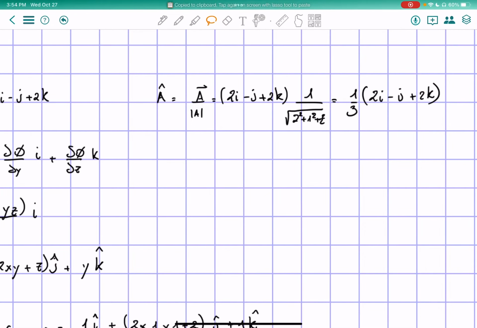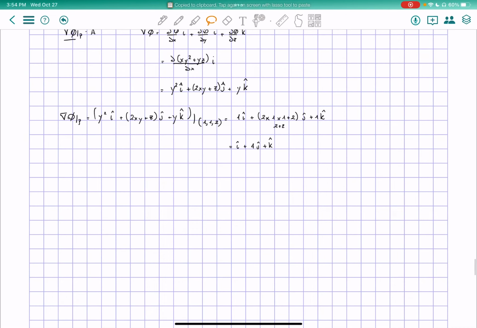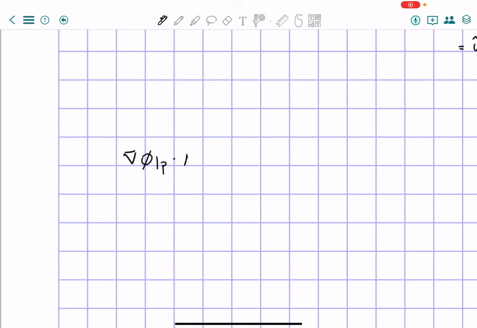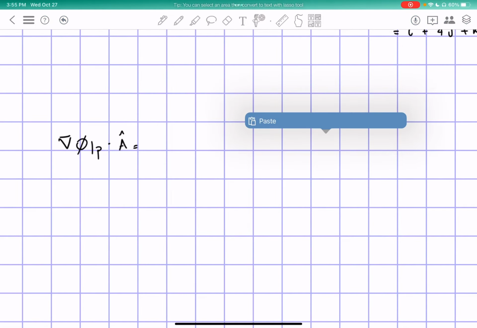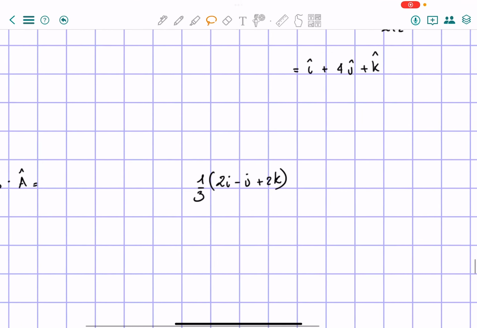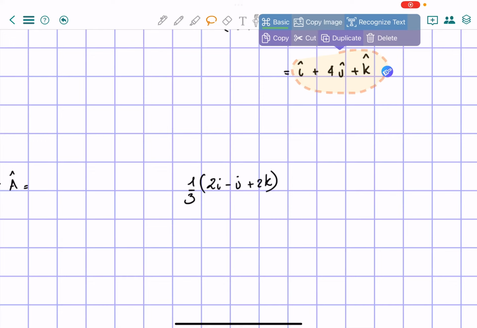Let me copy this one. We're going to have to add the last step to our thing. So we had the gradient of our function at point P we found times the vector A. So we're going to have our vector A that is equal to this, and everything else we found so far is this function right here.